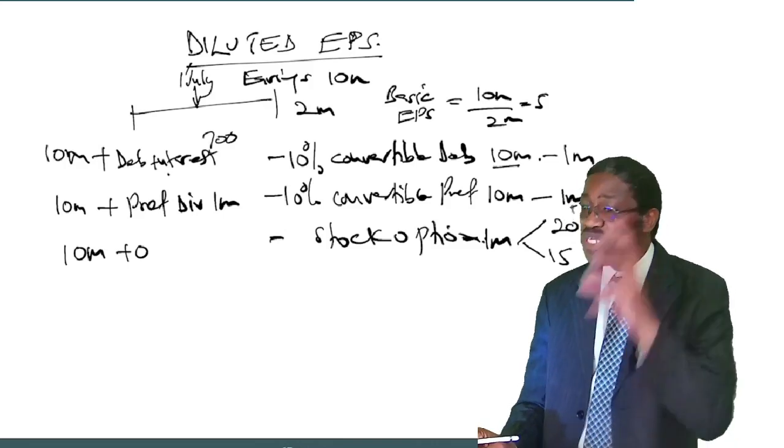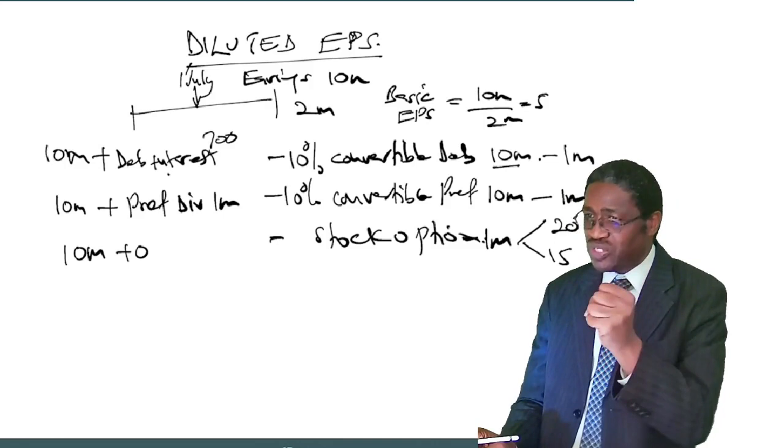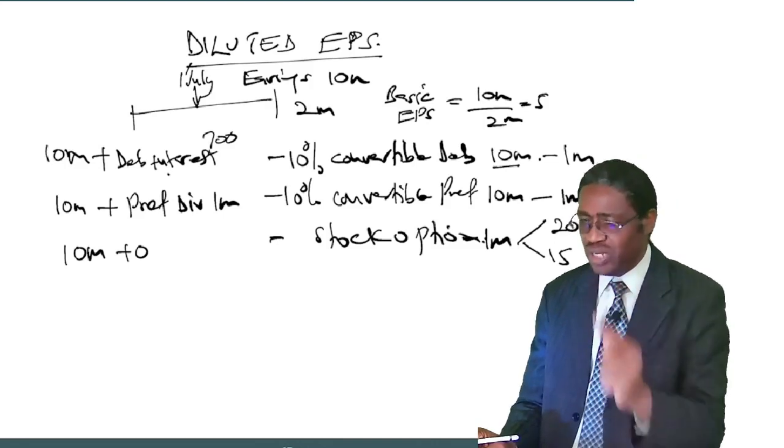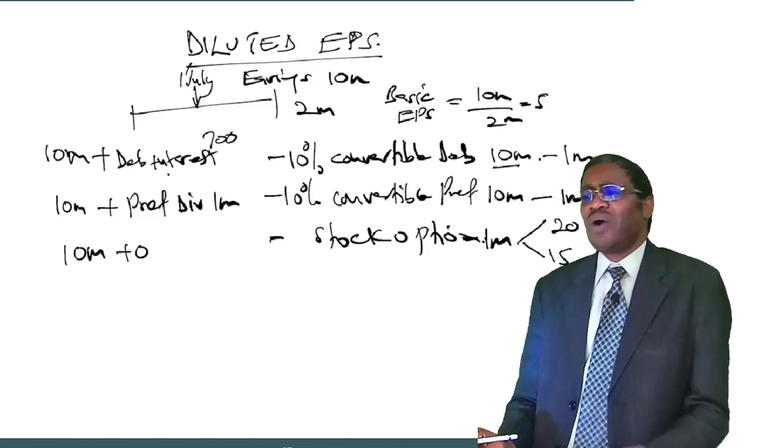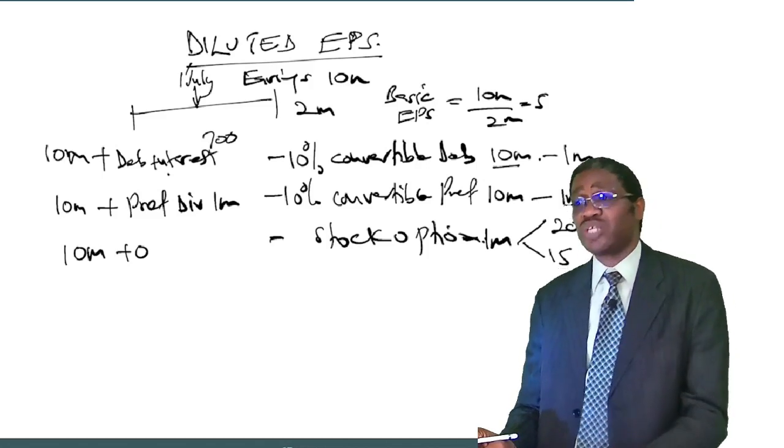So you compute the number of shares that are bonus out of the 1 million. How many shares out of the 1 million are considered to be issued as bonus?